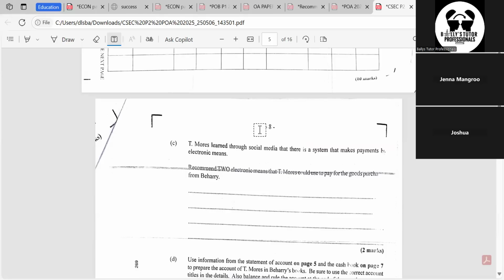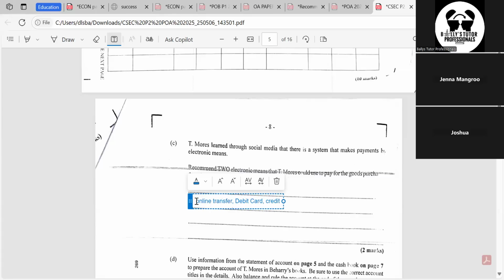You can think of any way. Online transfers. What else? Debit card and credit card will be considered electronic. Yes, sir. Debit card, credit card.